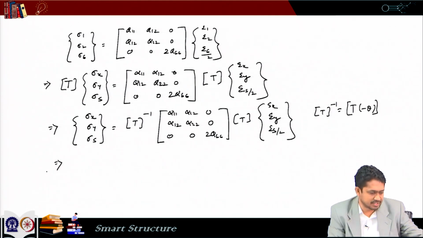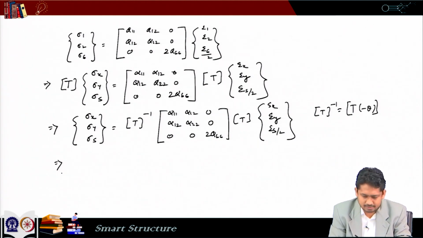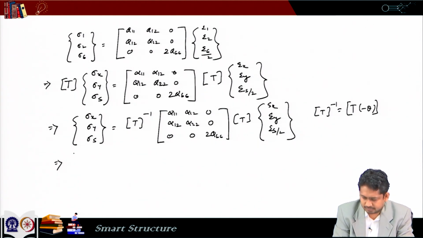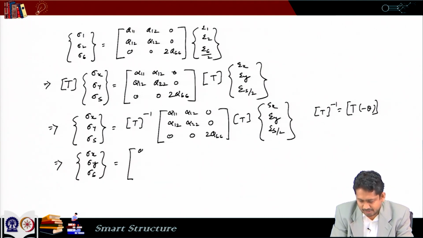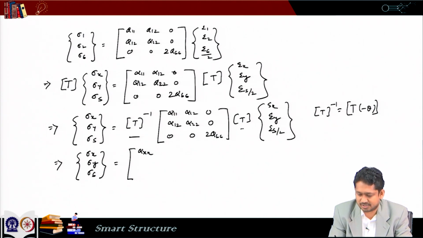So, now this relation can be written as sigma x, sigma y, sigma 6 is equal to whatever we get after multiplying this Q matrix with T. We write this as q x y, and again we adjust here epsilon s.